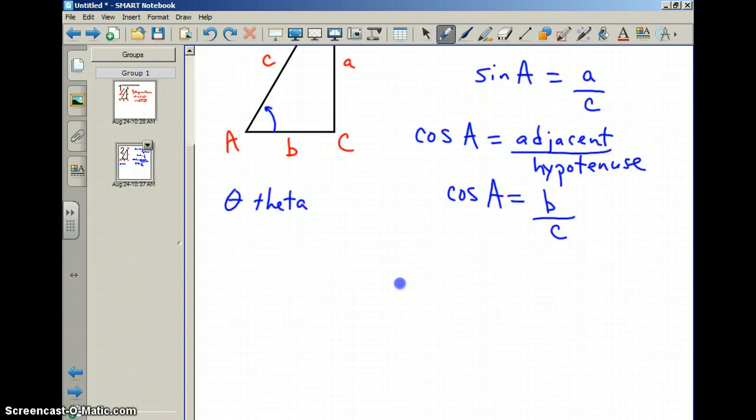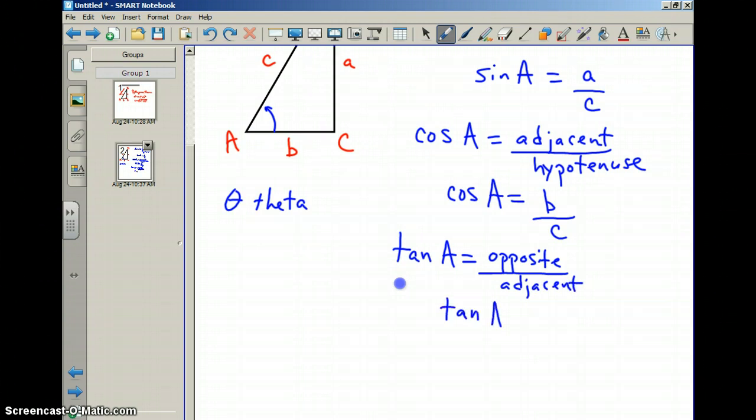For the tangent function, the tangent of angle A is defined as opposite over adjacent. In our example here, tangent of A could be calculated by dividing little a by side b.